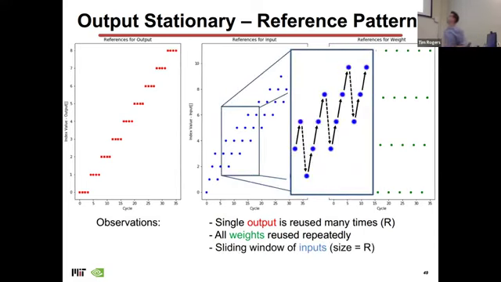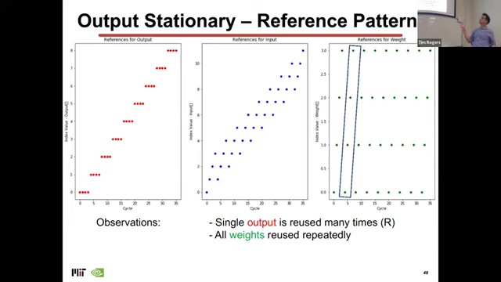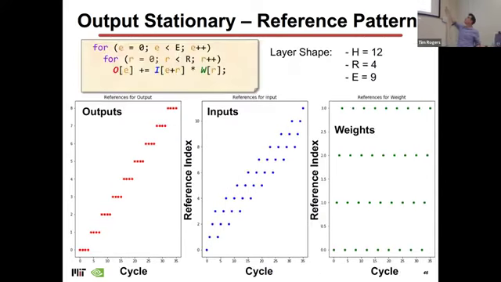And then we see a similar pattern here in the output activations, except it's not all of the output activations, it's capped, okay? It's capped to what number? 4 in this case. And 4 was the number of weights, right? So the locality in the input activations is going to be pretty much the same as the locality in the weights because they're proportional to each other, okay? Which is also going to be the number of times that I end up reusing the output.